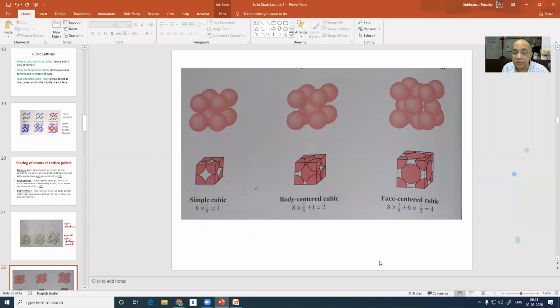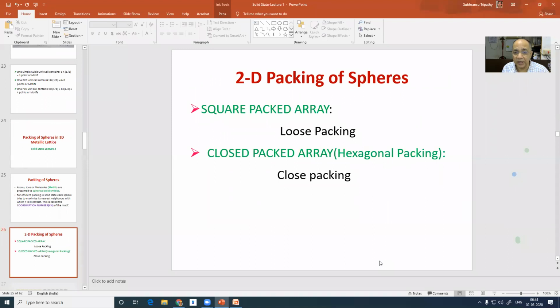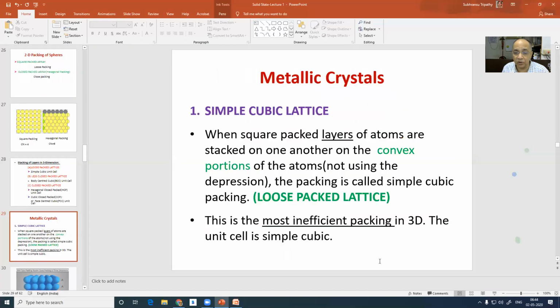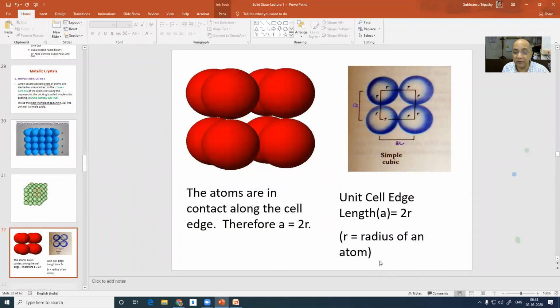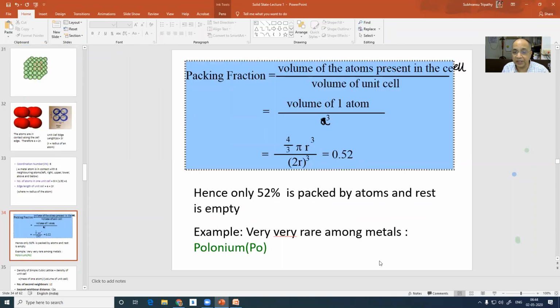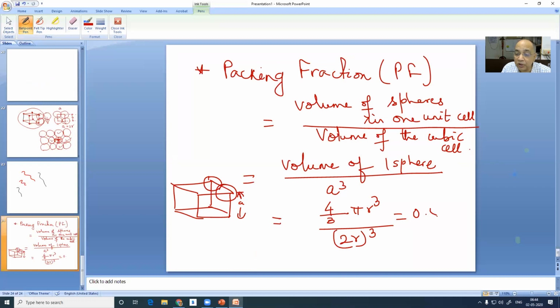We will see a lot of pictures. Yes, it is 0.52. So 52% is occupied, whether it is one unit cell or the entire lattice.